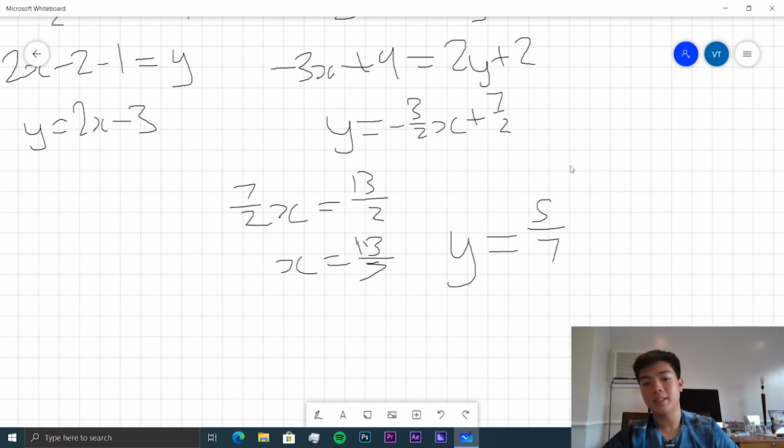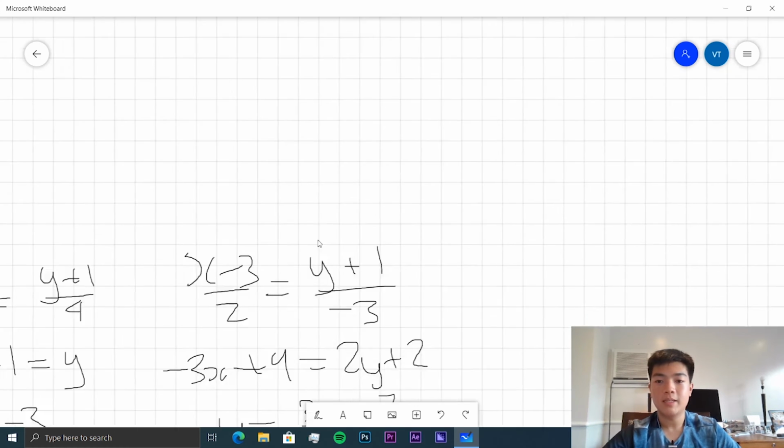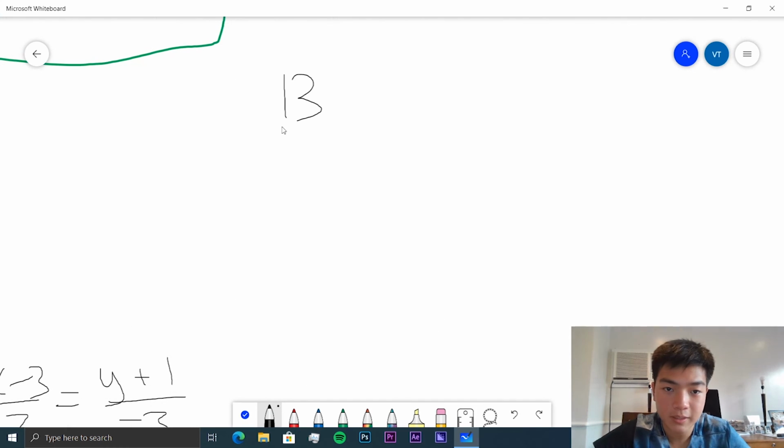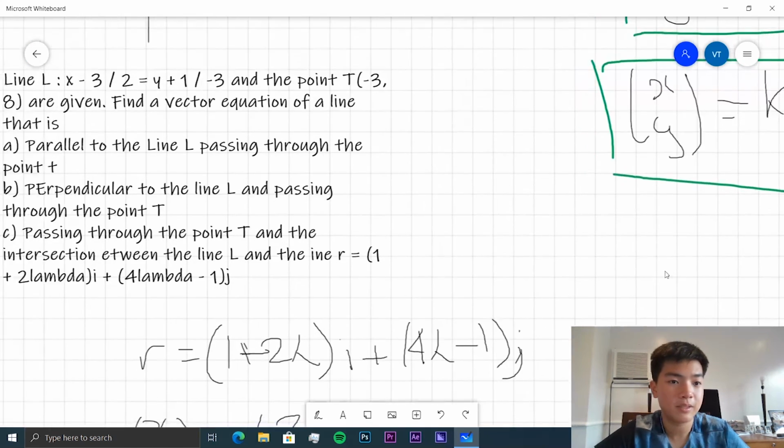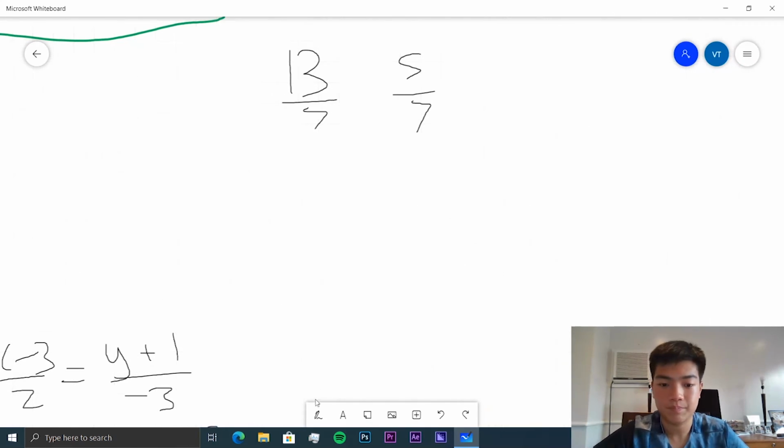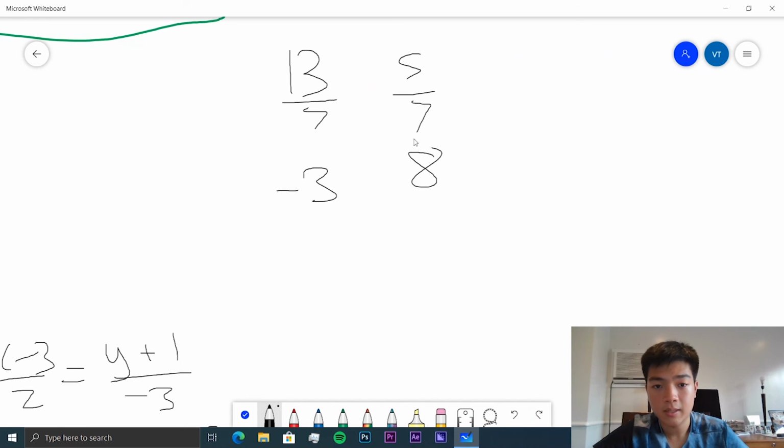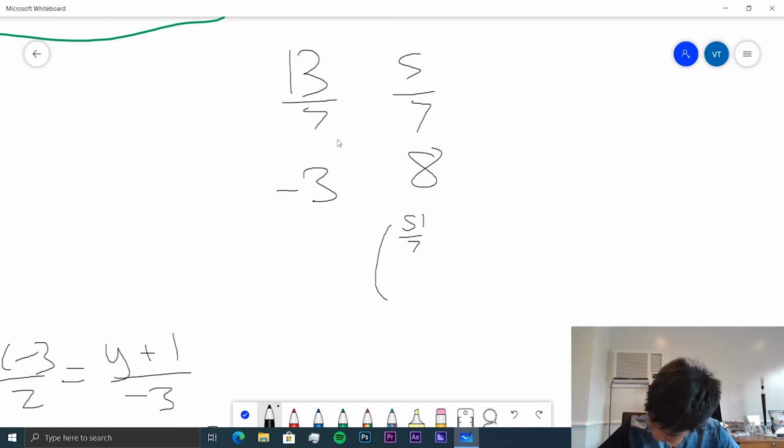So it's between this point. We need to get the equation of a line that goes through this point and this point, (-3, 8). So we can get this column vector of 8 minus 5 over 7, which is 56 minus 5 is 51 over 7, that's the y value.